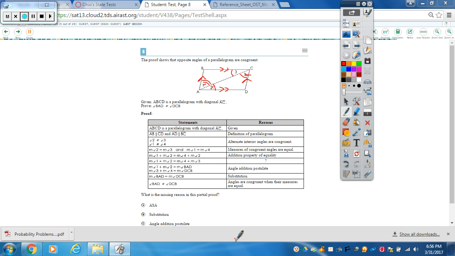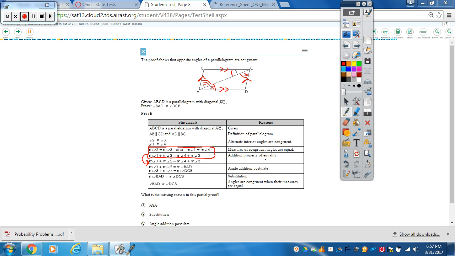Okay. The next one says this: angle 1 plus angle 2 has to equal angle 4 plus angle 3. Now, I'm going to tell you right now, I want to look specifically at these two steps right here. Okay? And as you look at those two steps, let me erase the bottom portion of that real quick. When you look at those two steps, what do we see in comparison to this step here?